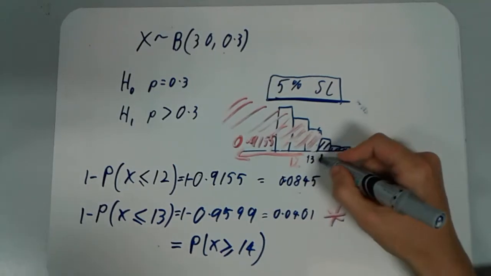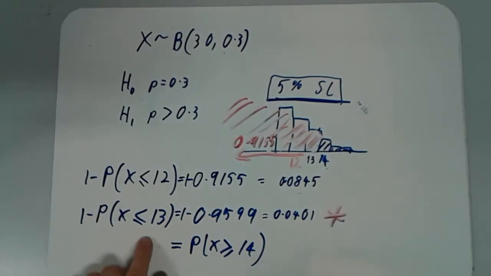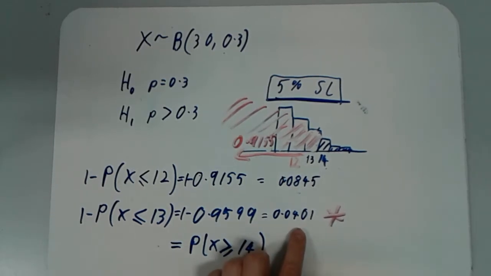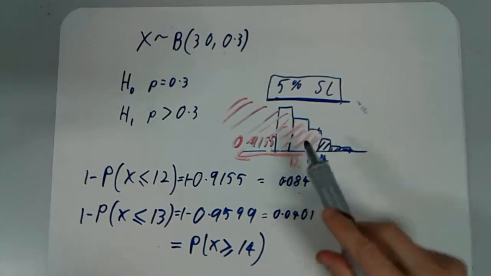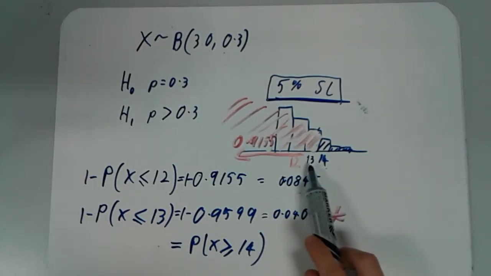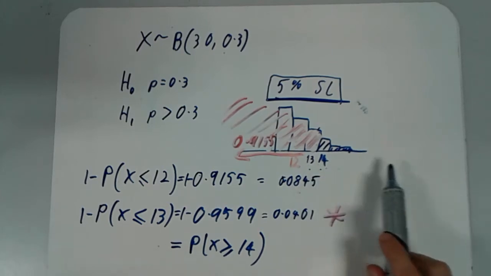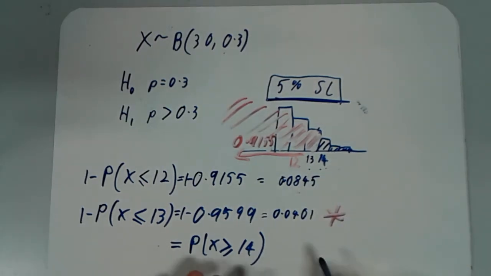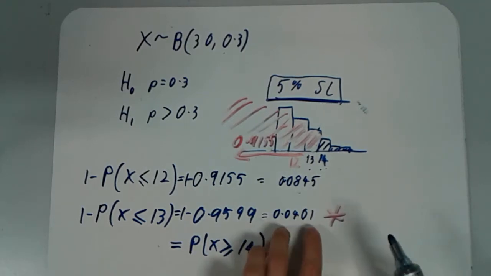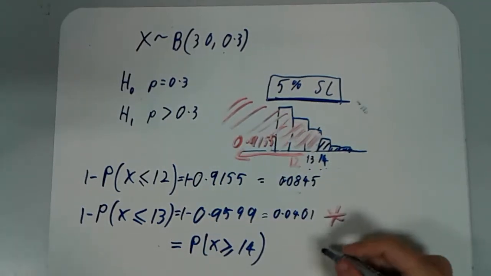Notice, I put 13 in the calculator, but that was the probability of being up to and including 13. So I had to do 1 minus that to get the 5% number that I was interested in. As I did 1 minus the probability of everything up to 13, I will be left with the probability of 14 or greater, which falls into my 5% significance level.